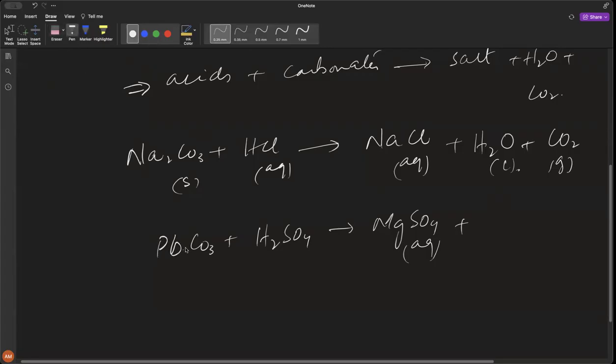Lead carbonate gives you lead sulfate, which forms a precipitate. Actually, it's solid. We're going to consider that solid, precipitate formed, plus H2O plus carbon dioxide. Is that clear?